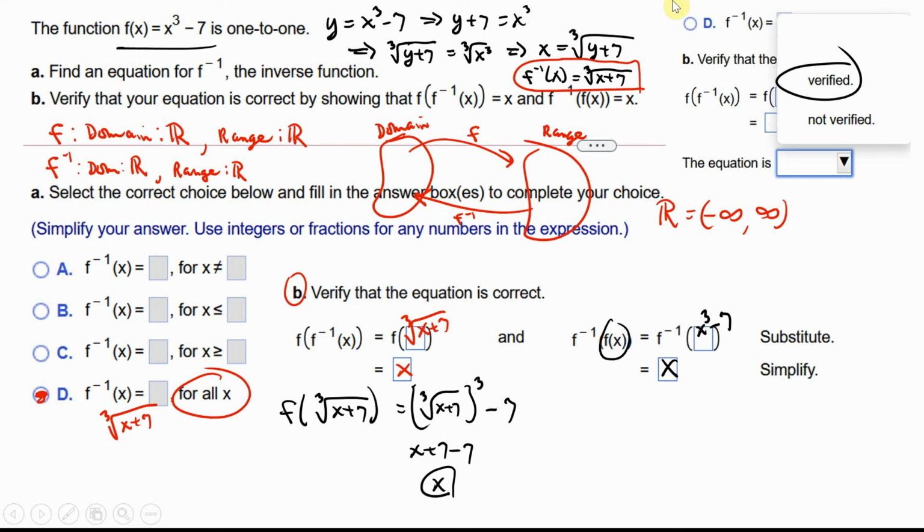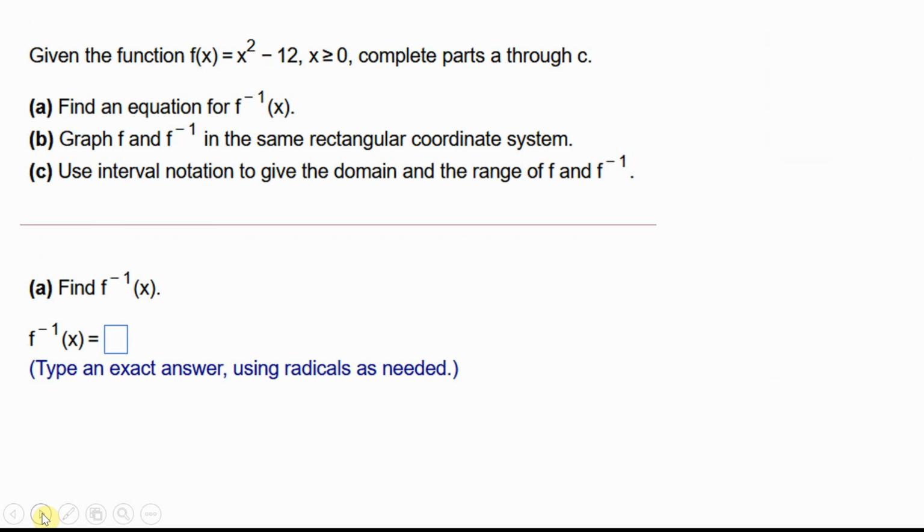Okay. Maybe we can do a couple more and then we get out of here. This was the one that was crucial, I thought. It says, given the function, complete parts A through C, find the inverse. So here we replace f of x with y is equal to x squared minus 12.